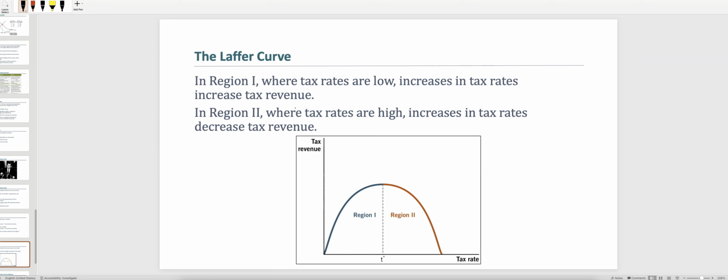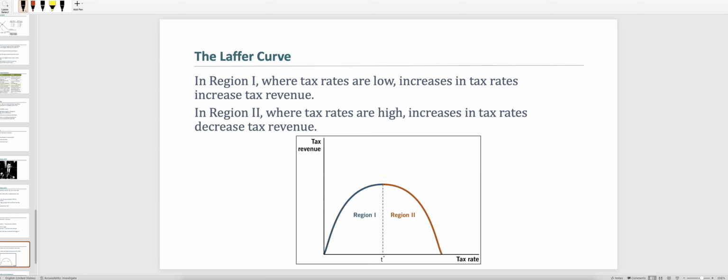There was an economist in the 1970s who, the story is told, went to lunch, and on the back of a napkin drew this. His name was Arthur Laffer, and this is known as the Laffer curve.